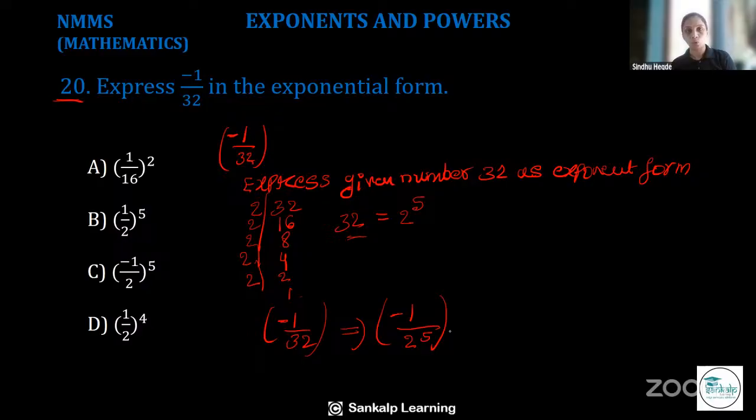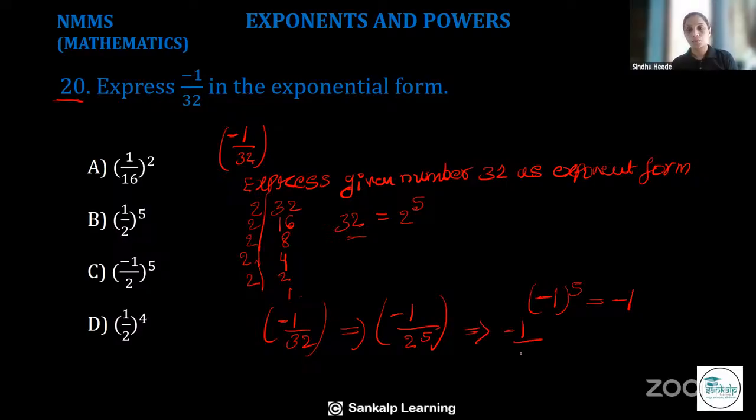As we know, minus 1 raised to an odd number is always negative, minus 1 only. So there is no change when we take minus 1 raised to 5 instead of minus 1. So let me take this as whole raised to 5.